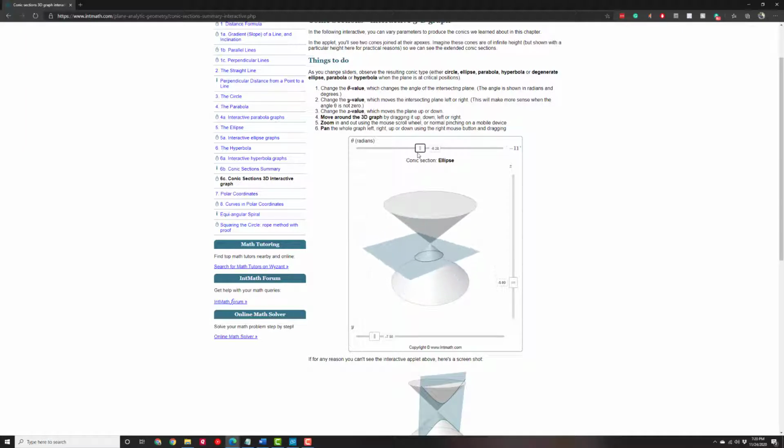And by the way, a circle is a type of ellipse. So really we only have three possibilities for what you get out of a conic section: an ellipse, a hyperbola, or a parabola. Let's go ahead and focus in on what all of these really are.